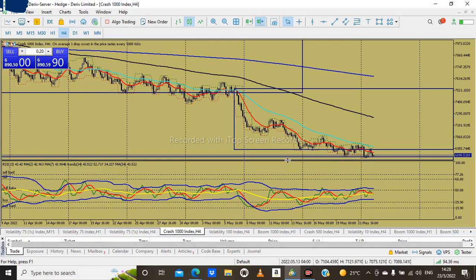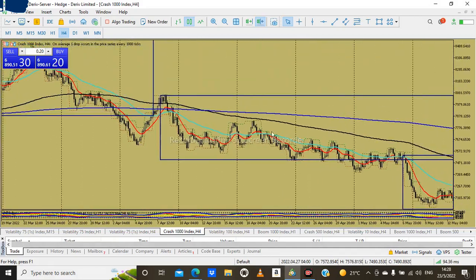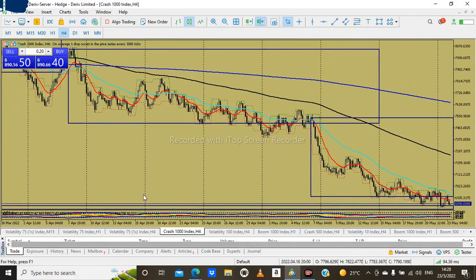Let me find somewhere to write. Right, this is where I'm going to write. So when the first leg is created, you can see what price will do. Price will come out of a box, price will do that, then price will do that, then turn.